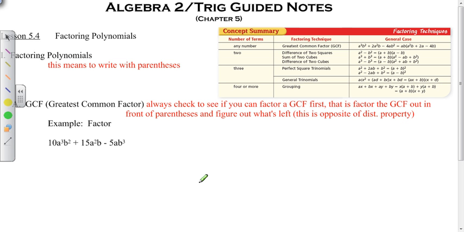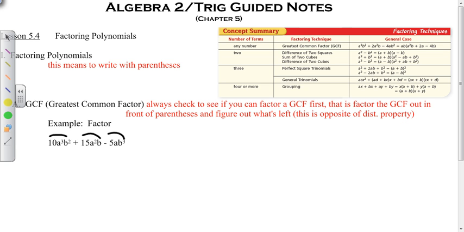So again, if we're going to be factoring polynomials and we want to use our tricks, the first one we want to look at would be the greatest common factor. So in this case, our three terms that we're looking at, the 10a cubed b squared plus 15a cubed b minus 5ab cubed.